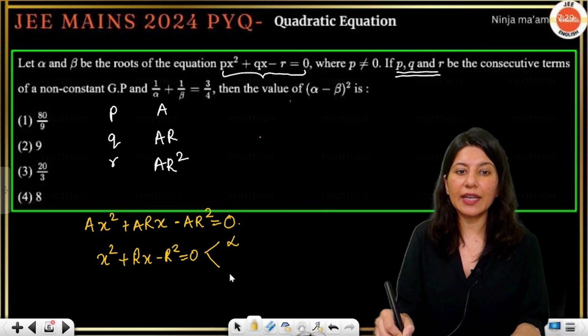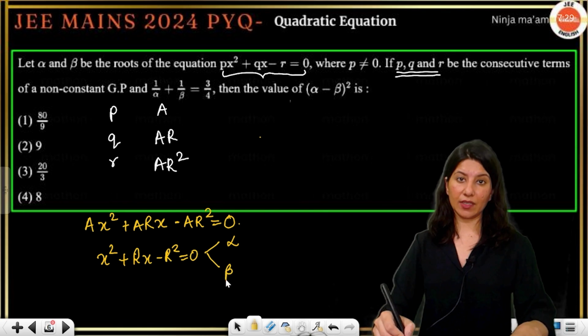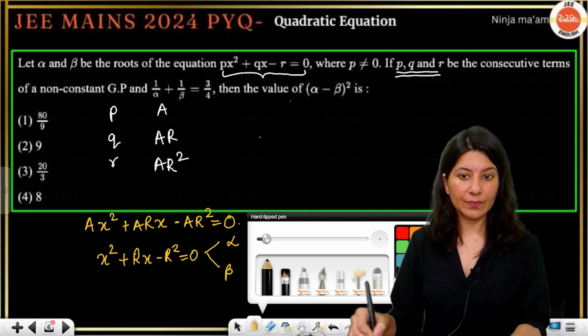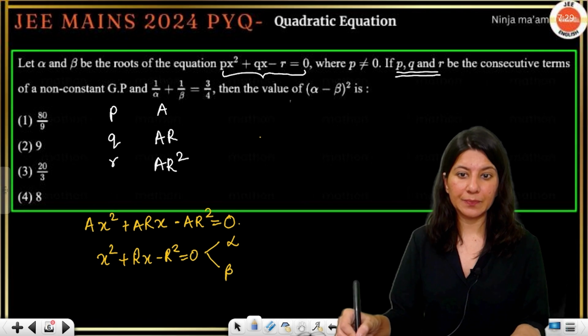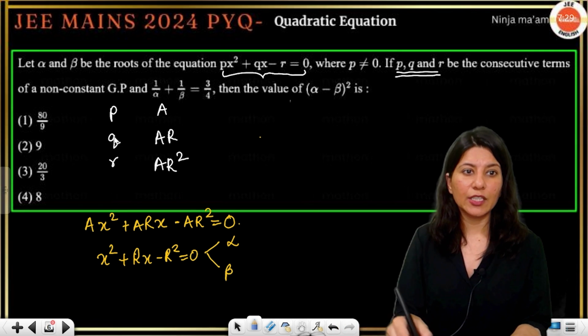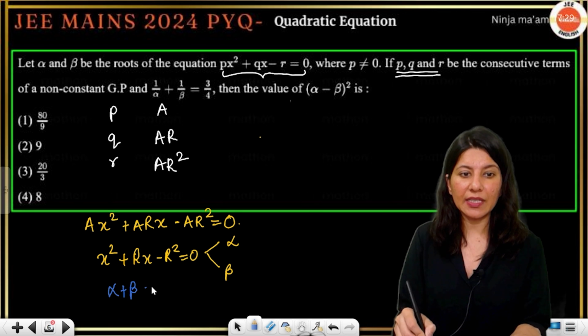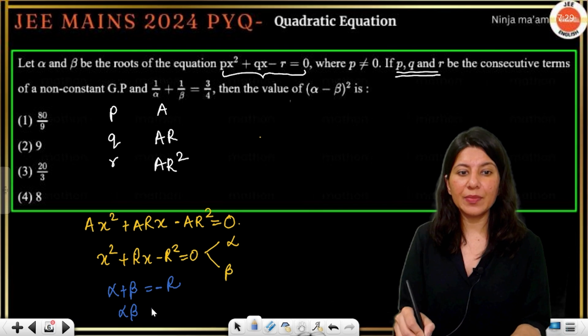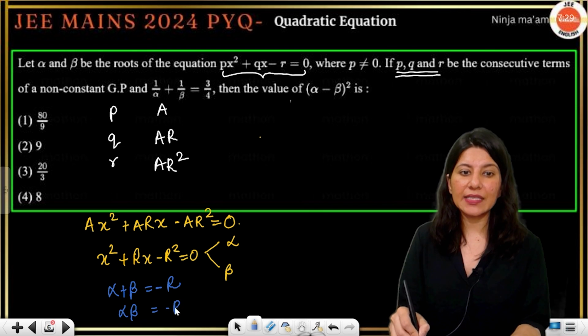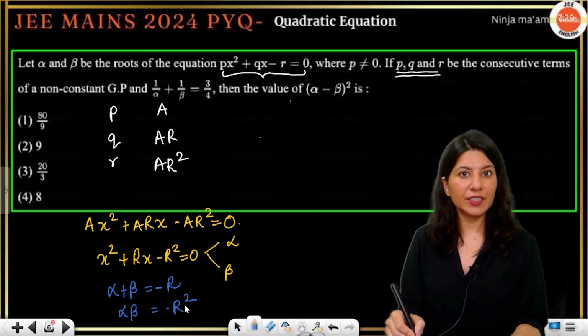Roots of the quadratic equation are alpha and beta. So now, sum of roots alpha plus beta is minus R, and product of roots alpha beta will be minus R square. Correct or not? Yes.